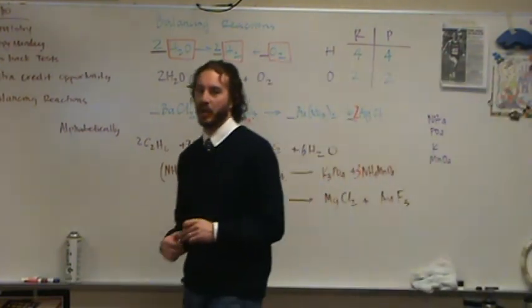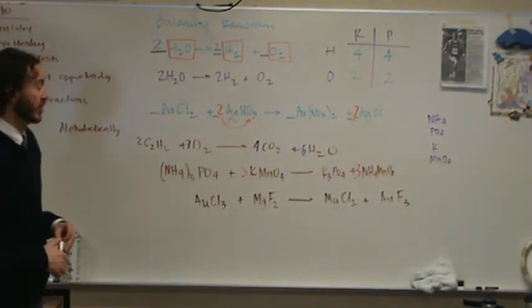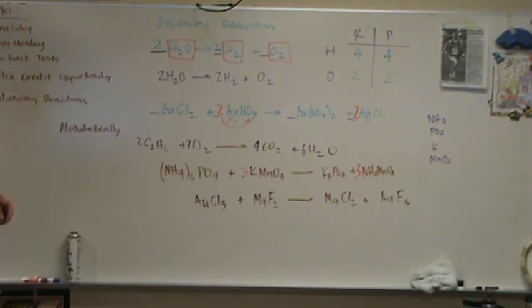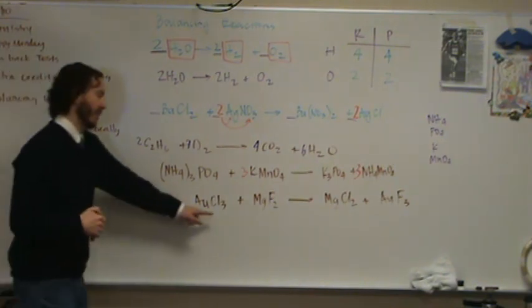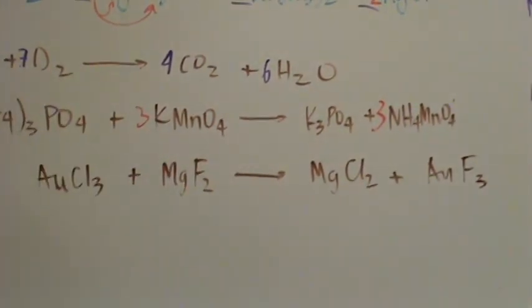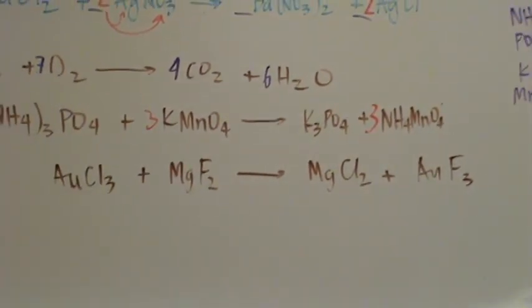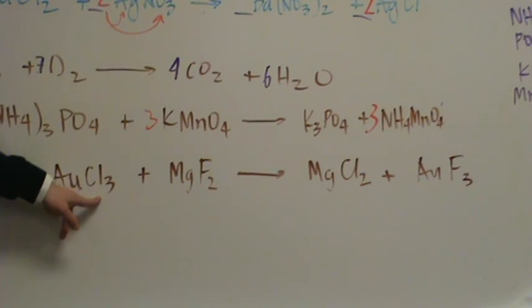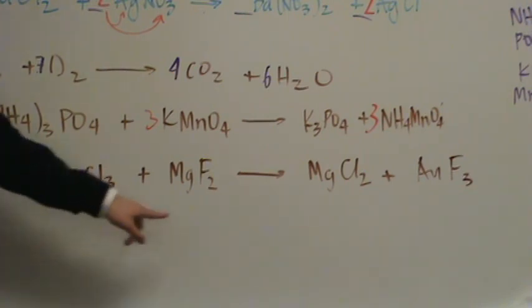Sometimes it's not as simple as putting one number in front. If you just take a look at these really quickly, the gold and the magnesium, these two are fine, right? One gold here, one gold there, one magnesium here, one magnesium there. But the 2s and the 3s are what we need to fix, okay? When you have a problem like this, let's just look at chlorine, since it's in the first group here. There's 3 of them, and there's only 2 here.